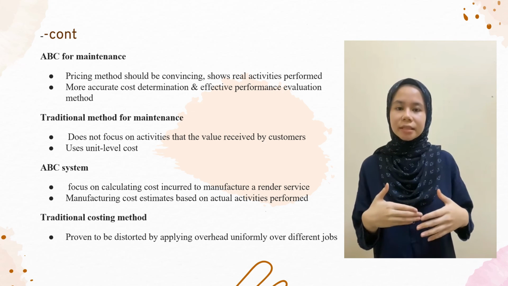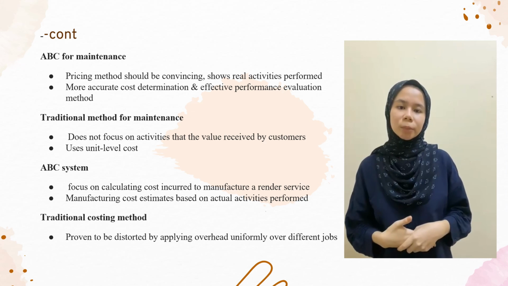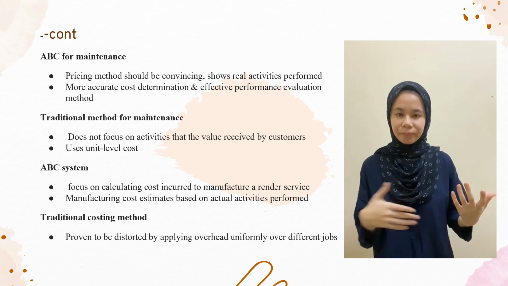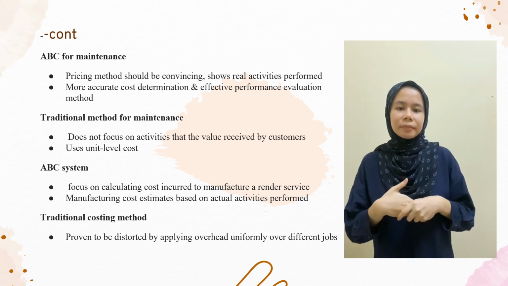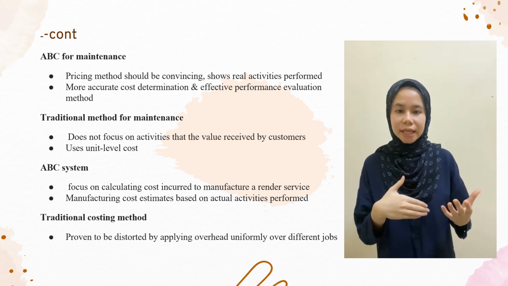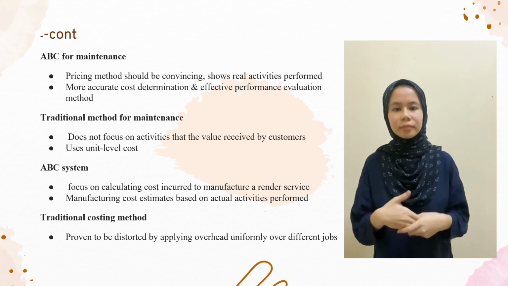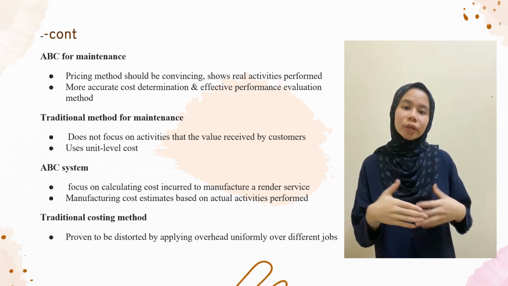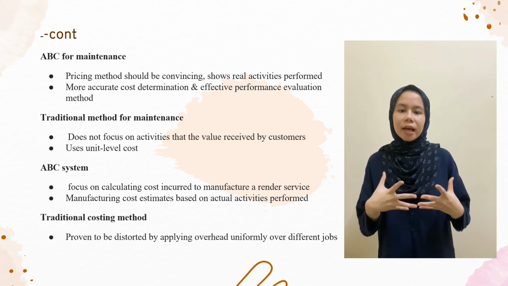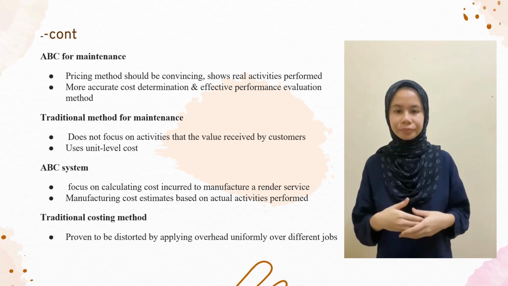So, the activity-based costing system focuses on calculating the cost incurred on performing the activities to manufacture a product or render a service. The activity cost system is a useful means to distribute the overhead cost in proportion to the activities performed in a specific job. So, it provides more accurate service or manufacturing cost estimates because it uses the cost based on the actual activities performed.